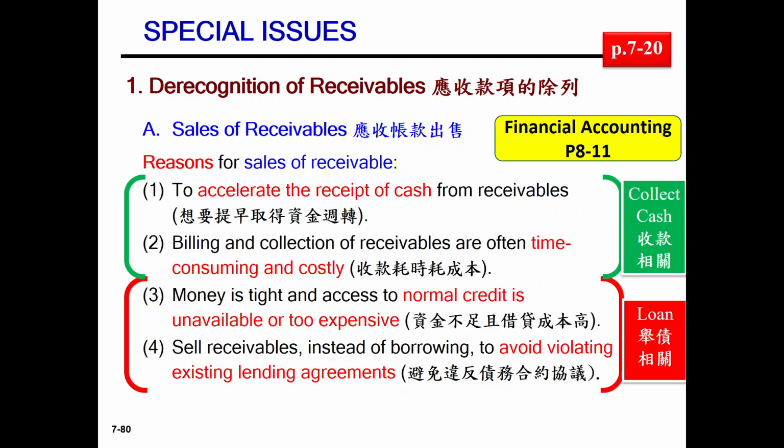The second major reason why we sell receivables to the bank is because we need the money. Maybe you will say, okay, I need the money, you just borrow money from the bank. That's it. So the second reason is it's quite hard for you to borrow money from the bank. That's why you decide to sell it. Then why is it quite hard for you to borrow money from the bank?